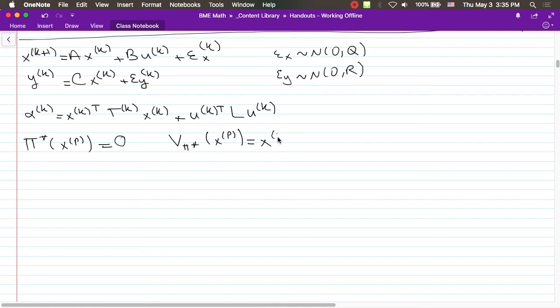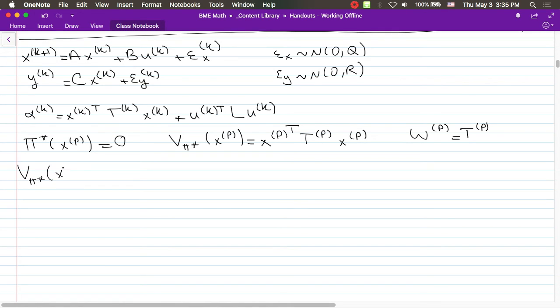That's just the value of cost per step. And so we have our W matrix that we say that's the weighting that we're going to assign to states.